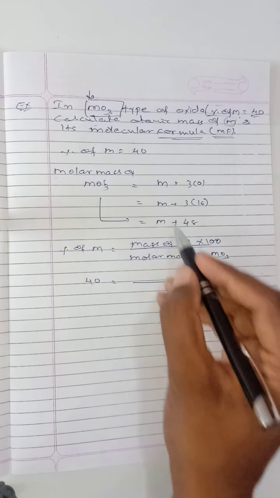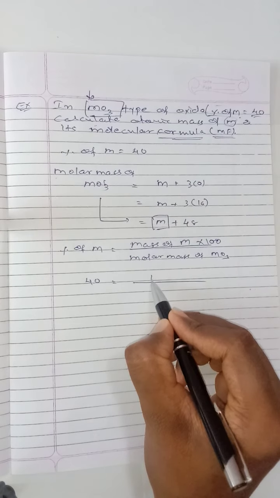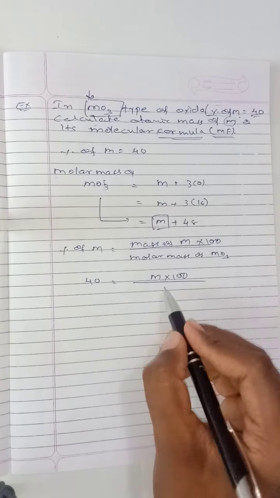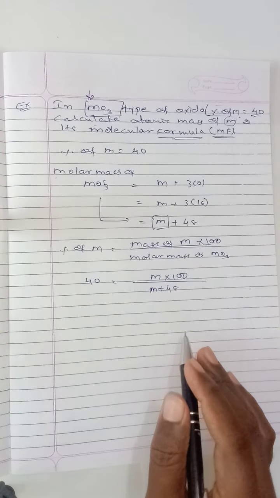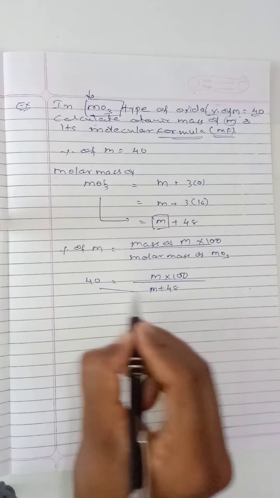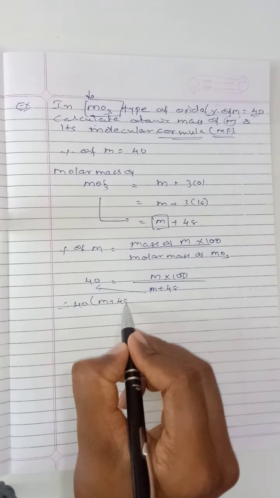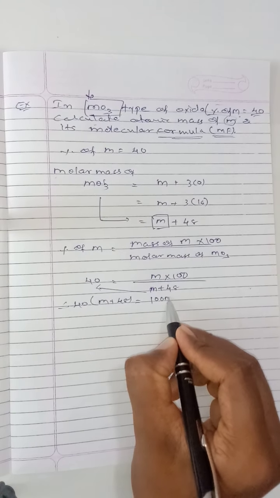Mass of M here is only M multiplied by 100. Molar mass of MO3 is M plus 48. Cross multiplication, therefore 40 into M plus 48 equals M into 100, 100M.